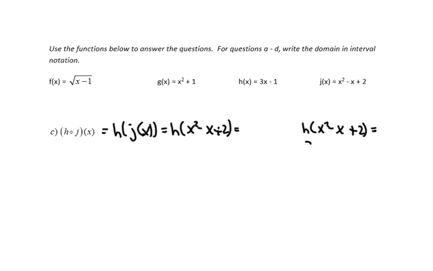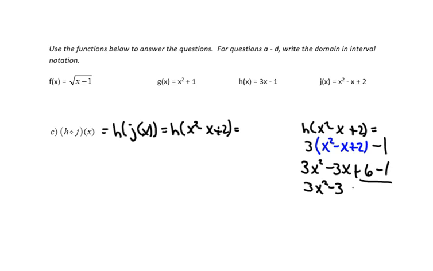So that's going to be 3 times, replace this trinomial for x. And again, don't forget the minus 1 at the end. Distribute the 3. And then combine like terms. So we know this.